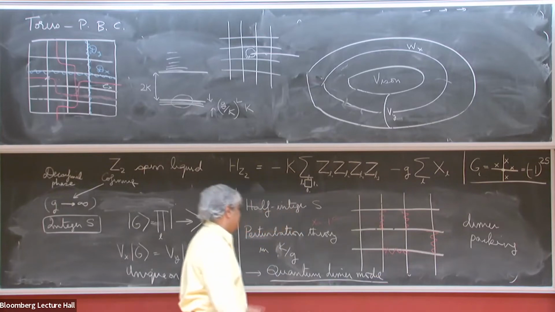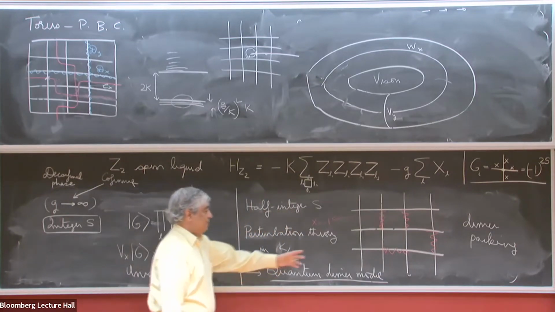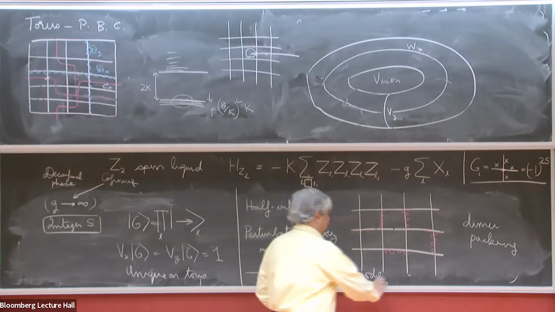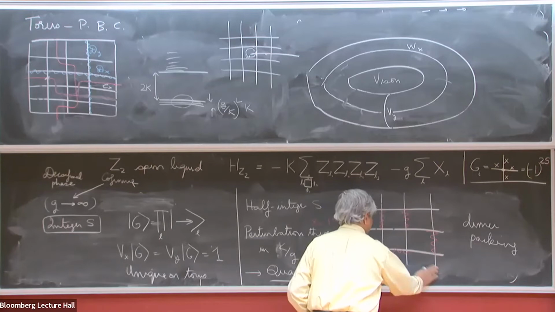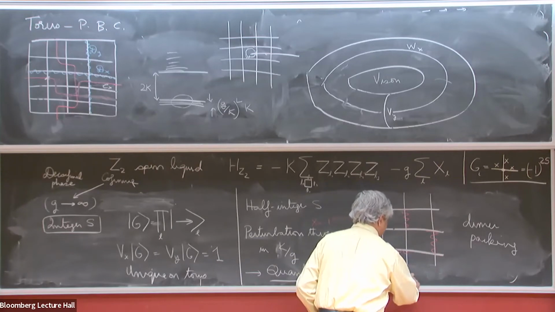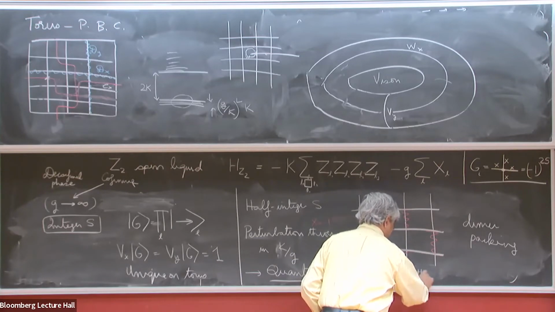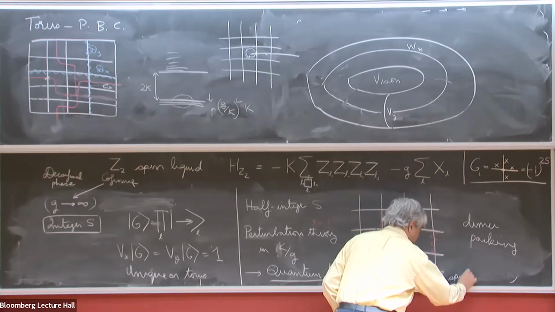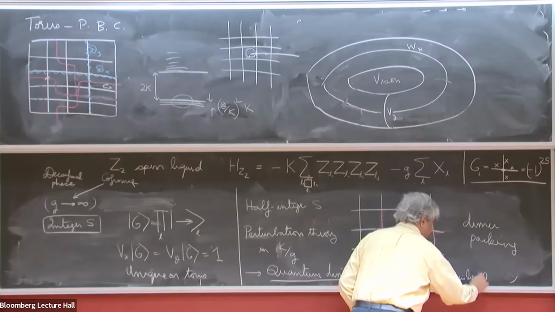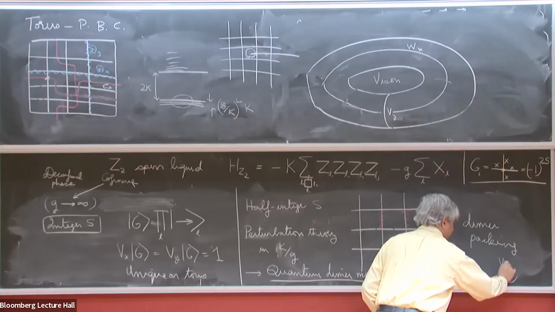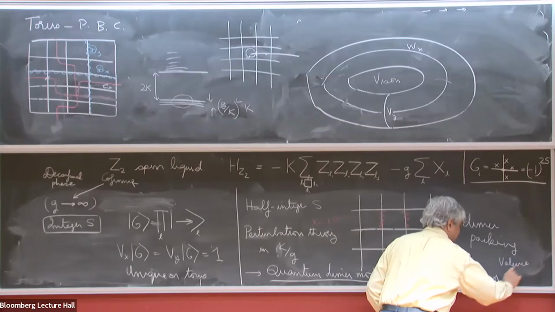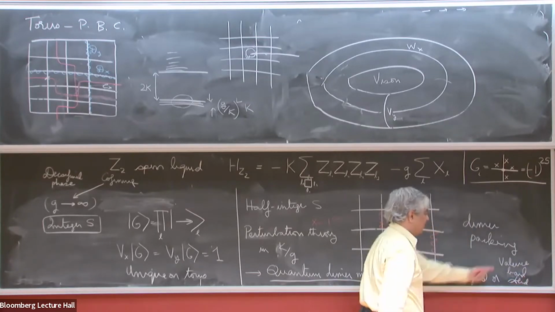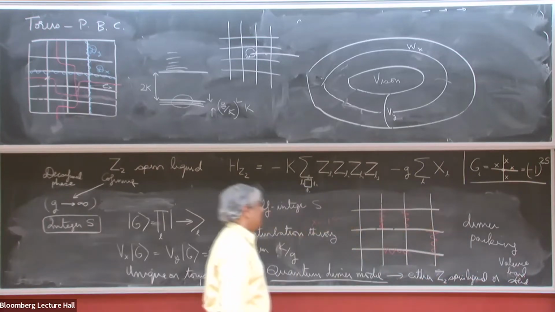On other lattices, you could get crystallization of the dimers, and that's what's called a valence bond solid. So the fate of the quantum dimer model, depending on the lattice, it's either a Z2 spin liquid or what's called a valence bond solid, where the dimers crystallize. So this is a confining state. This is not a confining state.